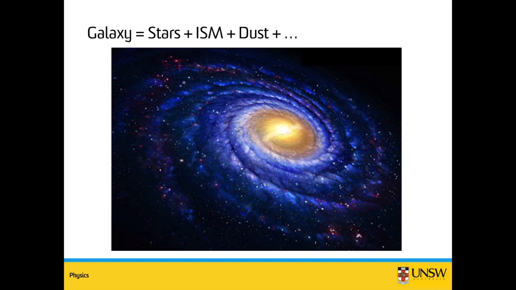So in general, our galaxy, Milky Way, of course, we cannot really see our Milky Way galaxy in this way. It's an artist's impression. It is formed of stars, lots of stars, interstellar medium or the ISM, the jargon we use usually. It has got dust. It has got many other stuffs like some cosmic rays, dark matter, you can tell.